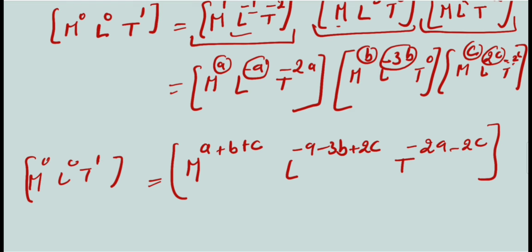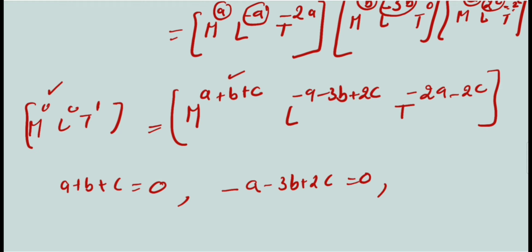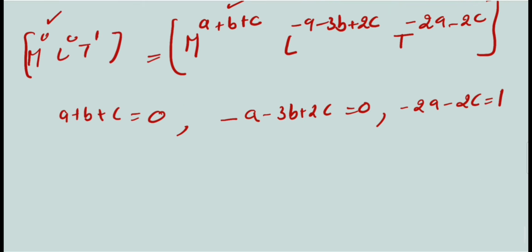Now we'll compare the dimensions of M, L and T on two sides. So we'll get A plus B plus C for M is equal to 0, and for L we'll get minus A minus 3B plus 2C is equal to 0, and for T we'll get minus 2A minus 2C is equal to 1. So we'll solve this.